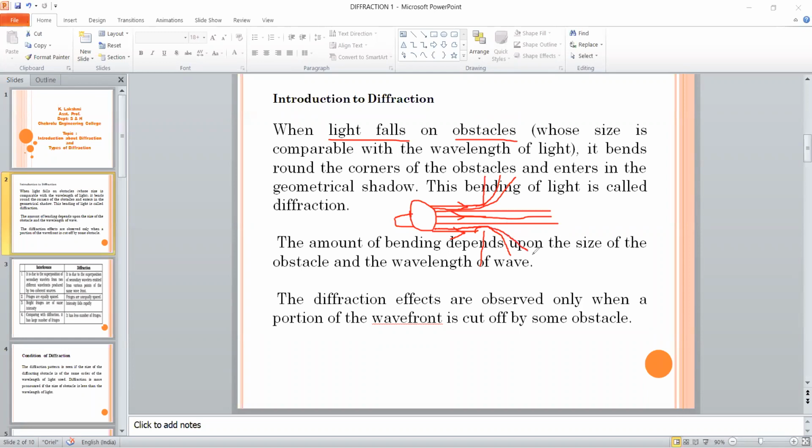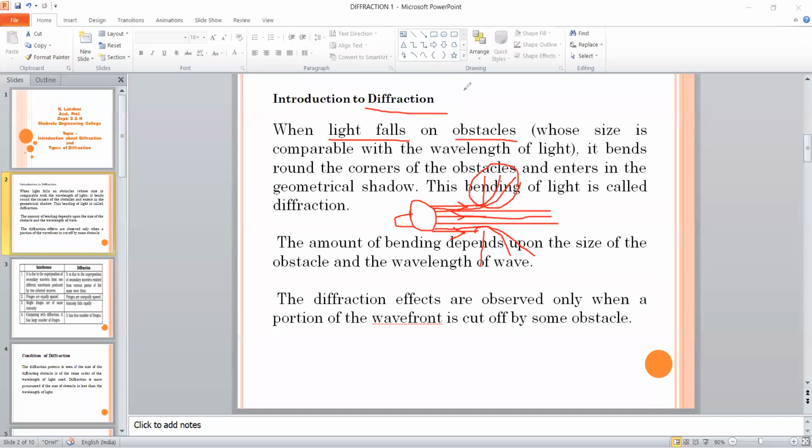So this bending of light around the corners of the obstacle is the property of light which is named as diffraction.